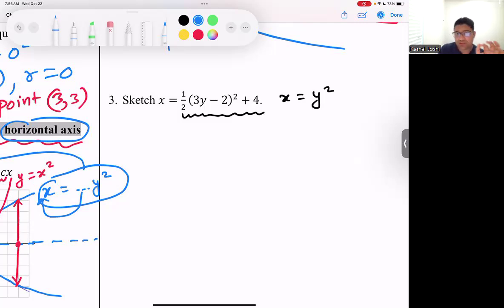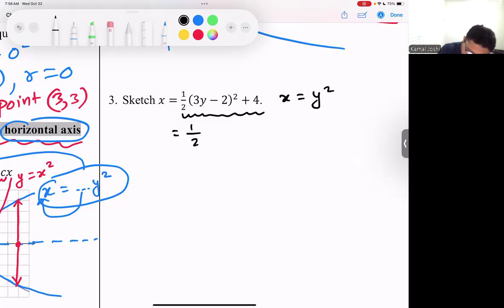Now, if I want to do the shift first, I have to rewrite that function a little bit, otherwise it will not be convenient. It will not be clear. It is 3y. I need to make sure that it is just y minus something, not 3y minus something. So I'll take 3 as a common factor. It's 1 over 2.